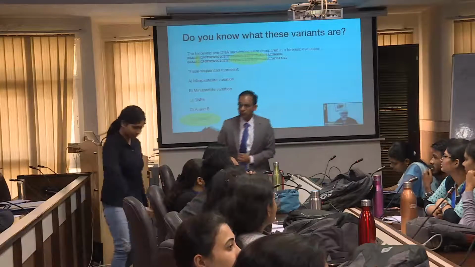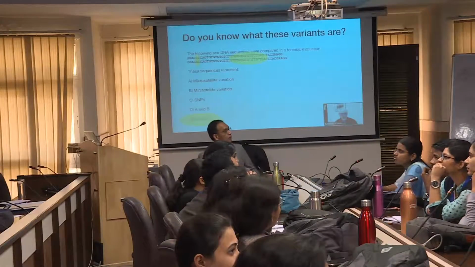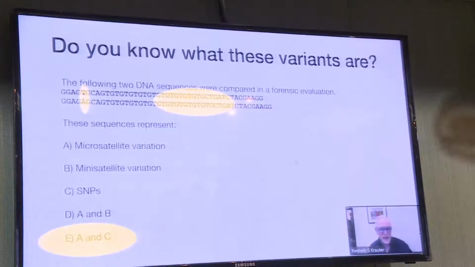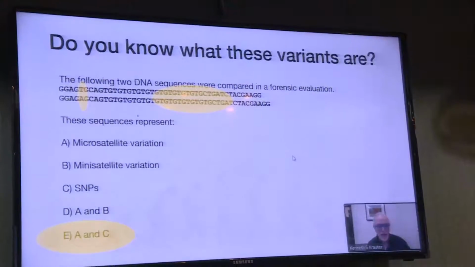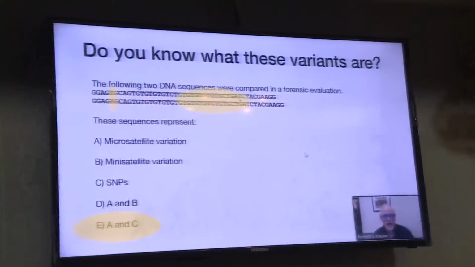So these sequences have both a single nucleotide polymorphism here, T and A, where these two individuals differ at this position, but they also have this repeating GT sequence of different lengths.